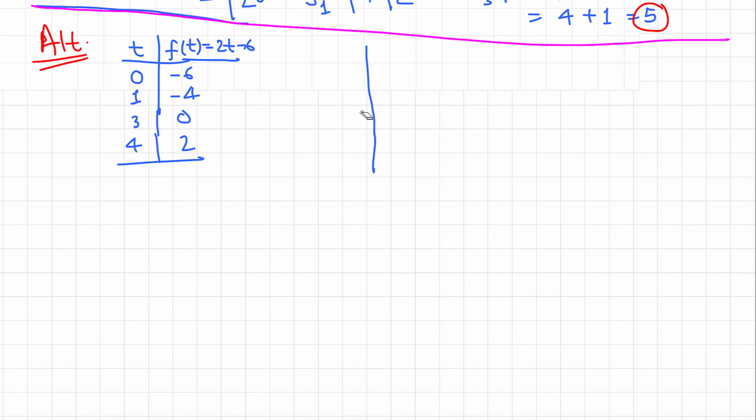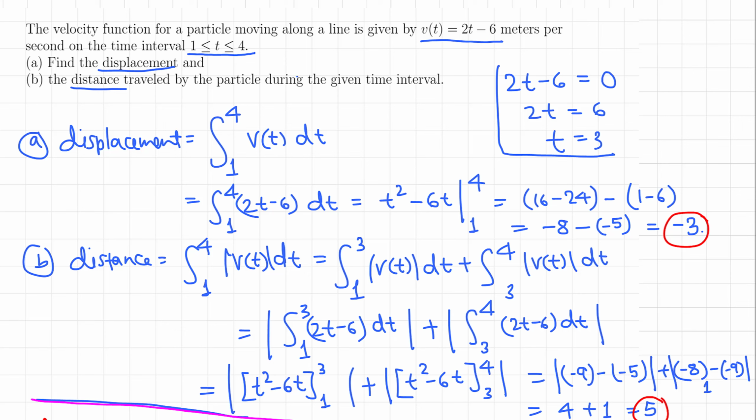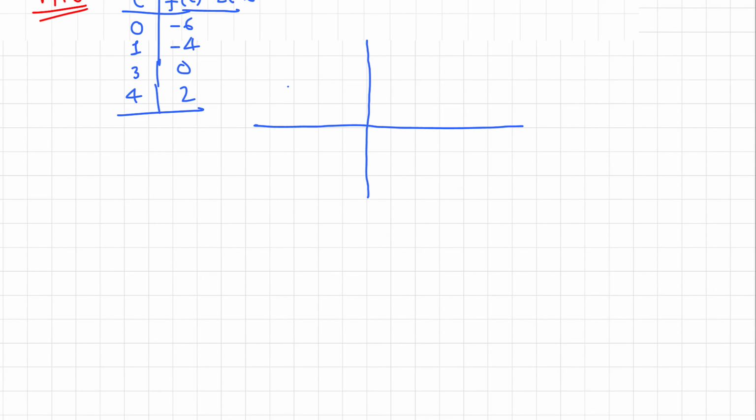Okay, let me try to draw a better line here. Our goal is to go from 1 through 4. The graph: at 0, negative 6; at 1, negative 4; at 3, 0; and at 4, 2.